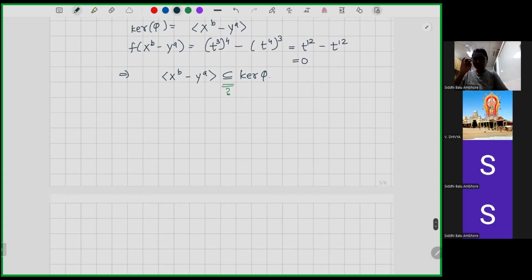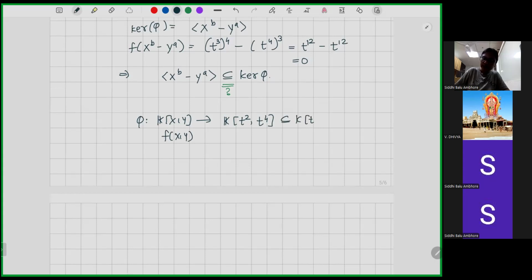Okay, so that's not true actually in general. For example, if I take this map P from k[x, y] to k[t], sending x, y to t^2, t^4. Okay, so f of (x, y) is contained in k[t], that's not a problem. f of t^2, comma, t^4.